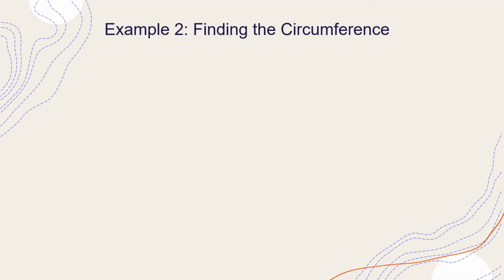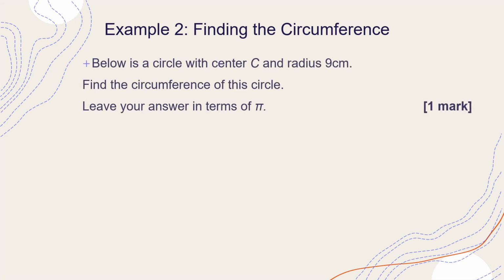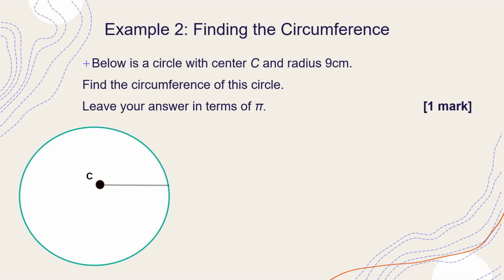Here's example 2 for finding the circumference. The question says below is a circle with the center C and the radius 9 centimeters. Here they're asking us to find the circumference of the circle, but also giving us a hint saying that please leave the answer in terms of pi only. So don't change the value of pi. That's the first hint here. The formula for the circumference is pi times d, where d is the diameter.